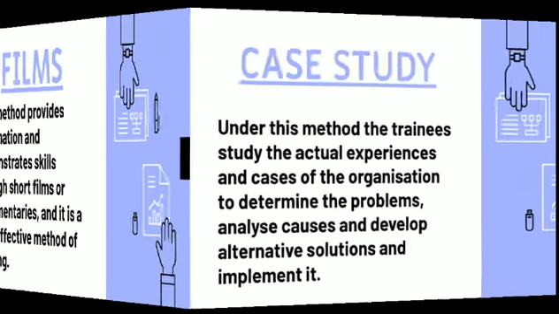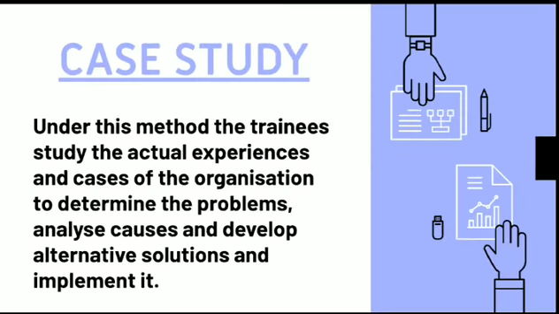Next one is case study. Under this method, the trainees study the actual experiences and cases of the organization to determine the problems, analyze causes and develop alternative solutions and implement them. These are real problems that managers are facing.